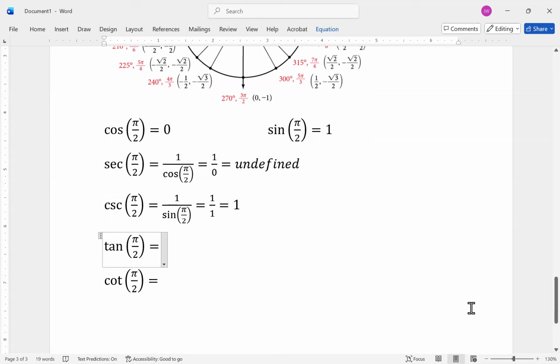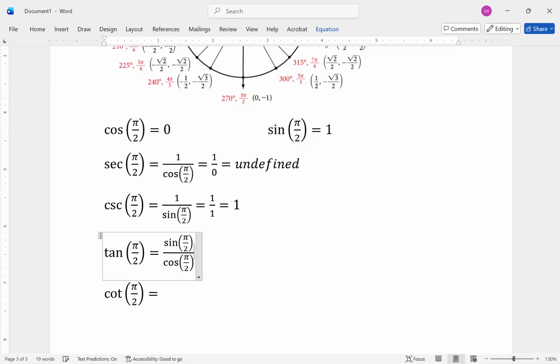Tangent is going to be sine over cosine. If you think about what that means for this particular case, when we have pi over 2 as our angle, tangent of pi over 2 is sine of pi over 2 divided by cosine of pi over 2. That would also be 1 over 0, which is undefined. Some people would write DNE for does not exist.